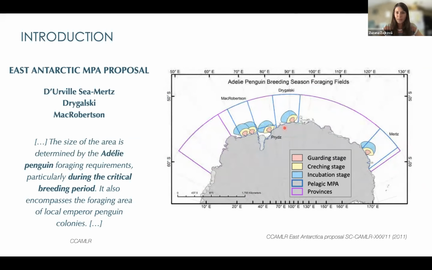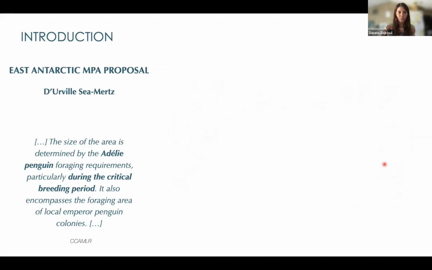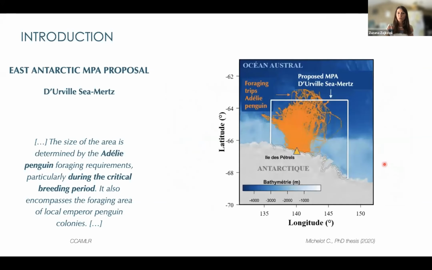Which we perfectly see in the figure on the side on the map, where the color polygons refer to the estimated foraging areas of Adelie penguins during the breeding season within the three proposed areas, which are in blue. And when you take a look closer on one of these areas, which is the Orwell Seamount, and consider only foraging trips of Adelie penguins during the breeding season, we see that they almost perfectly fit within the proposal.